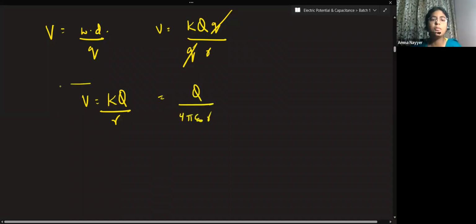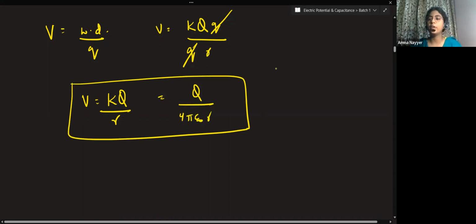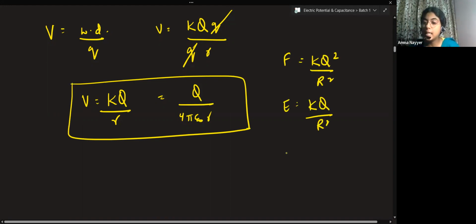This is the formula for potential due to a point charge. Remember, force was K Q square by R square, both squared. In case of electric field, you have kq by r square. In case of potential, you have kq by r. So remember all these three formulas: this is for force, this is for electric field, and this is for potential.